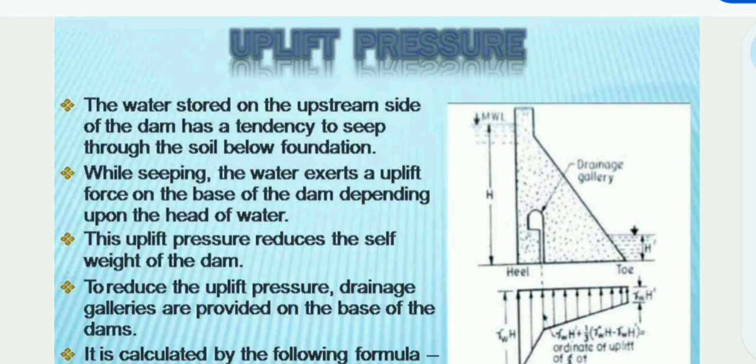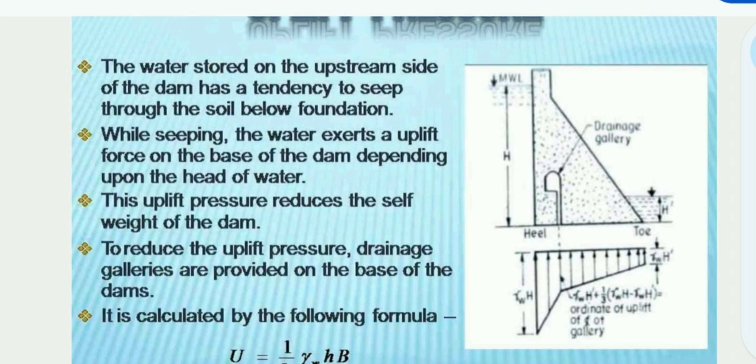Uplift pressure. The water stored on the upstream side of the dam has a tendency to seep through the soil below the foundation. While seeping, the water exerts uplift force on the base of the dam depending upon the head water.